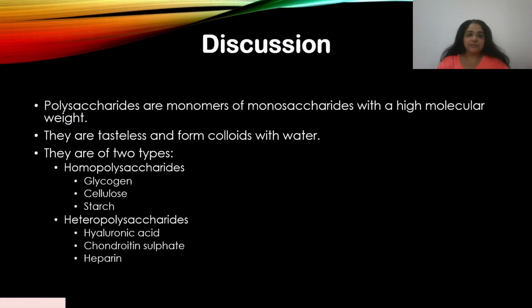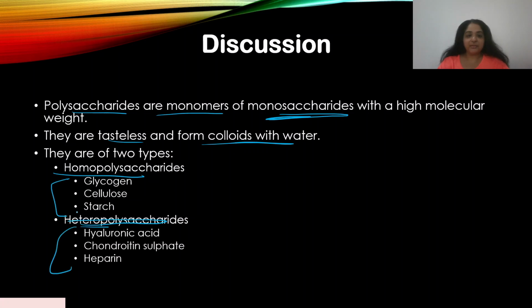All right. So polysaccharides are polymers of monosaccharides. This is the definition of polysaccharides: they are polymers of monosaccharides with a high molecular weight. They are tasteless and form colloids with water. There are two types: homopolysaccharides and heteropolysaccharides.